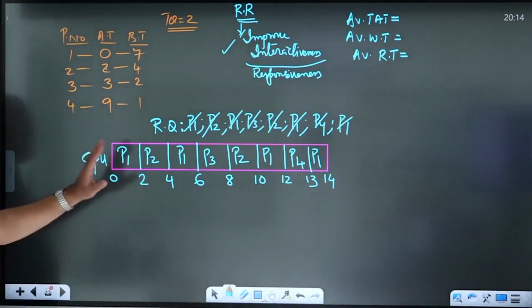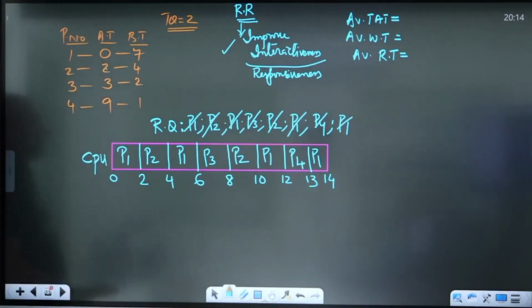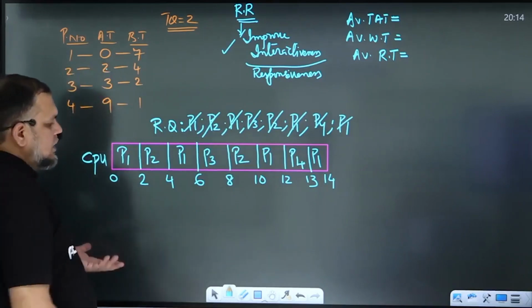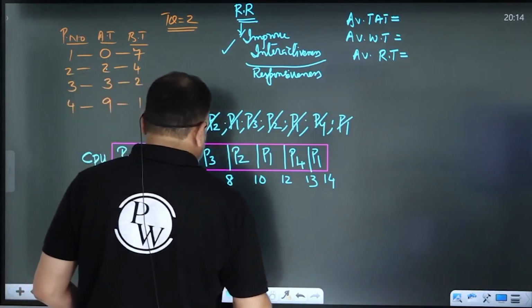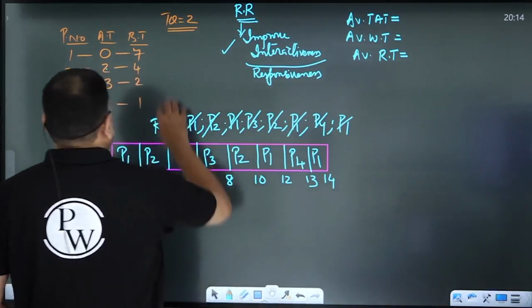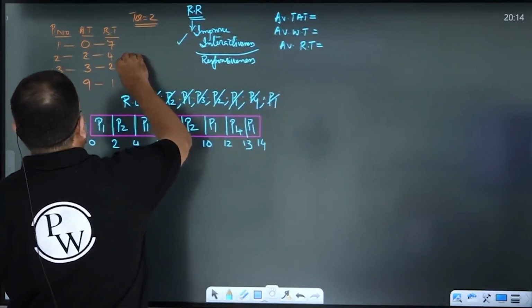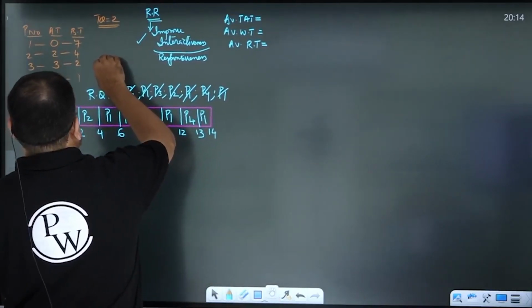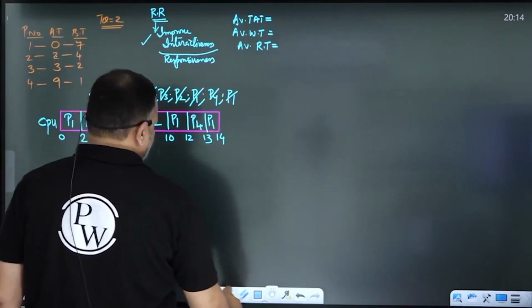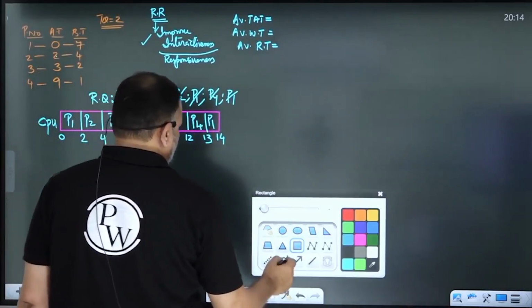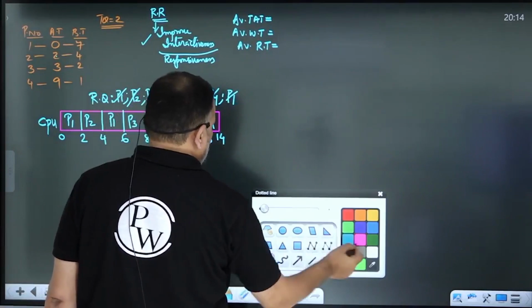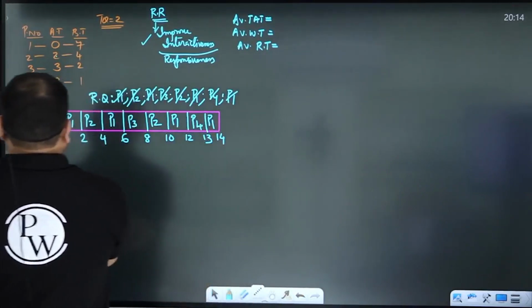This is a Gantt chart, assuming the point which I told earlier. But I will show you the other chart also, with lower process ID. With the concept of lower process ID, what is going to happen? We'll work that out also. Please see on the board. I will work it out with lower process ID also.